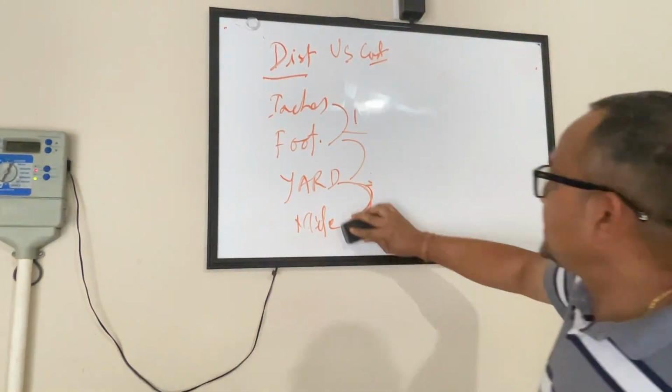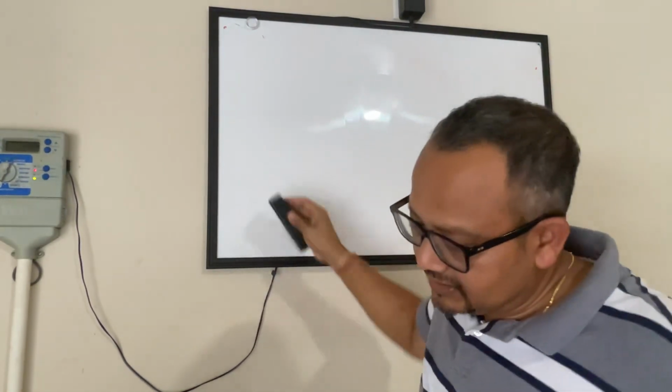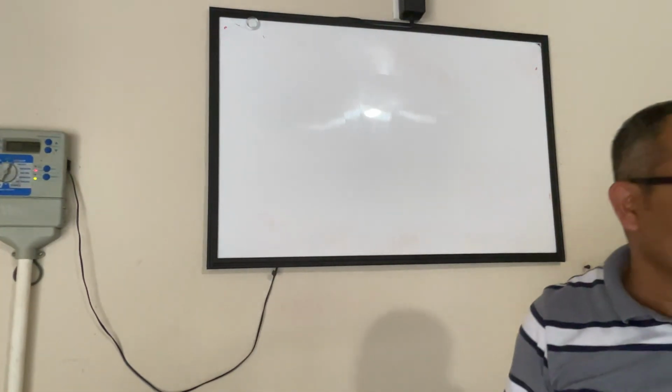So we looked at the distance in the US customary system. Now let's look at the weight in the US customary system. And Kavya, if you have a notebook, you might want to take it out if you have noted down all the units, okay? Because I might not remember them all. I might need your help.